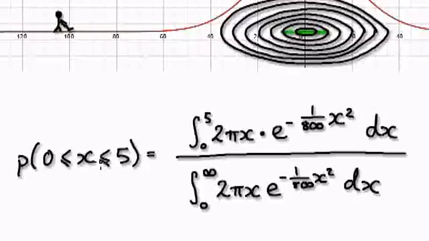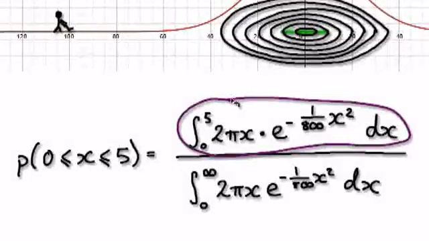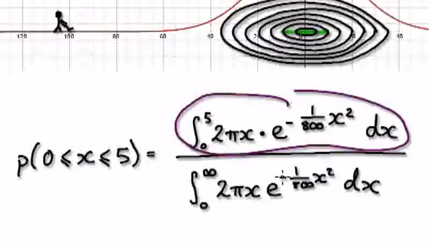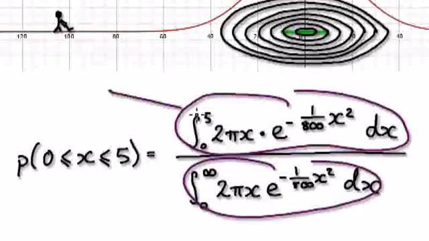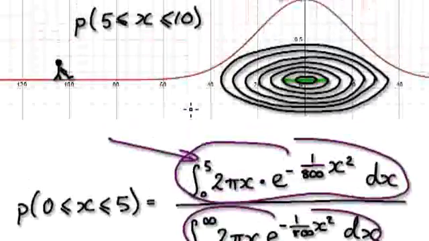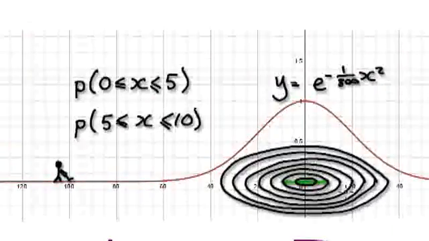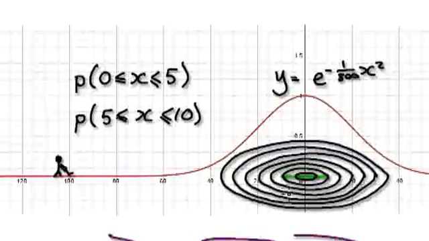But rather than looking at the probability, let's just look at this bit here, because if you look at the probability, you would get this divided by the whole thing. Well, let's just concentrate on this bit, because we are trying to answer the question of which ring is it most likely to land in.